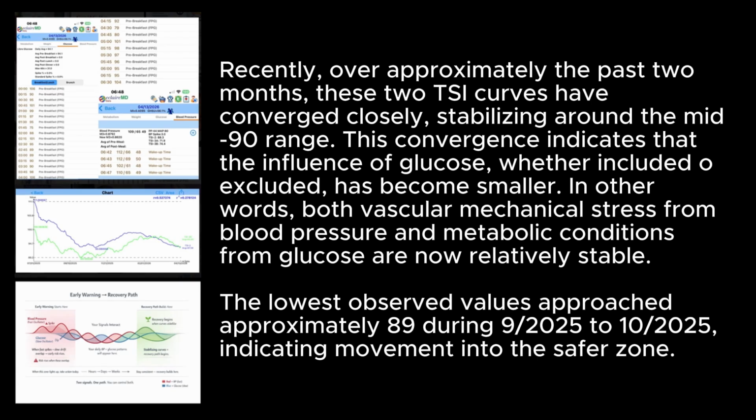Recently, over approximately the past 2 months, these 2 TSI curves have converged closely, stabilizing around the mid-90 range. This convergence indicates that the influence of glucose, whether included or excluded, has become smaller. In other words, both vascular mechanical stress from blood pressure and metabolic conditions from glucose are now relatively stable.